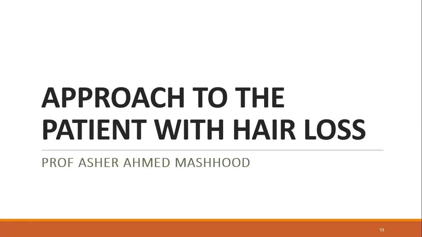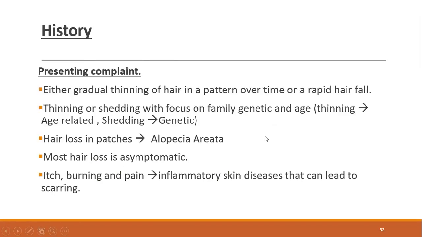Now, this is the second portion of the talk, and this is the talk on approach to the patient with hair loss. First of all, take the complaints of the patient, note the presenting complaints. Either there is a gradual thinning of the hairs or there is a rapid hair fall.